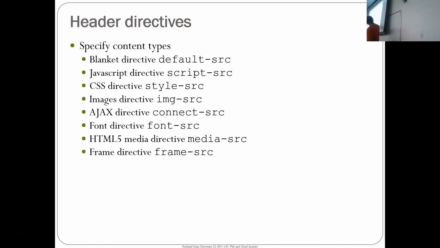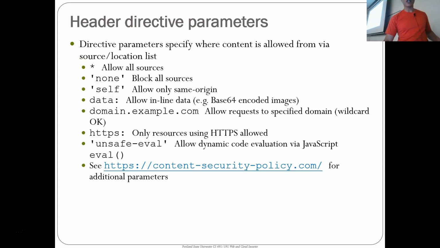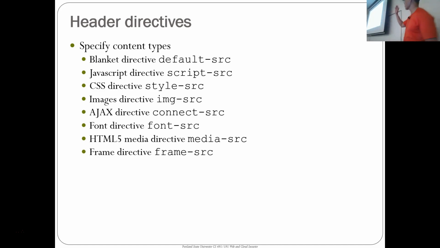The different fonts you can use, the different media files that you can access, like where's the source of these media files, and then whether or not you're allowing iframes on your site, which we'll talk about next class when we do click checking. As part of the header, so you start with this, you'll say, hey, I want to specify a particular policy.